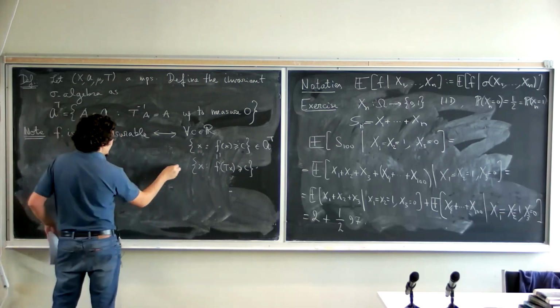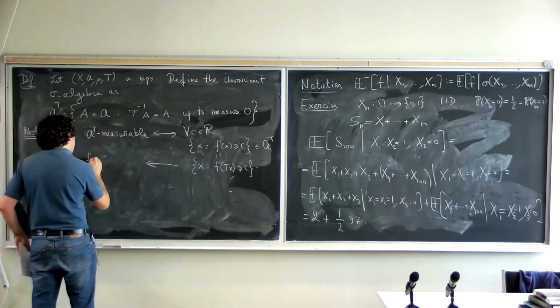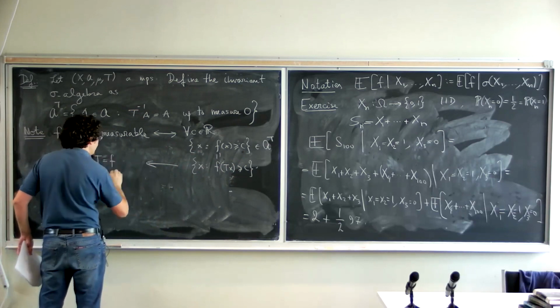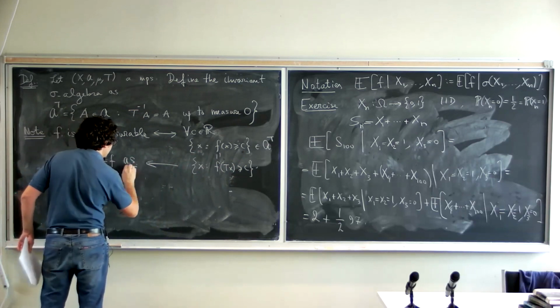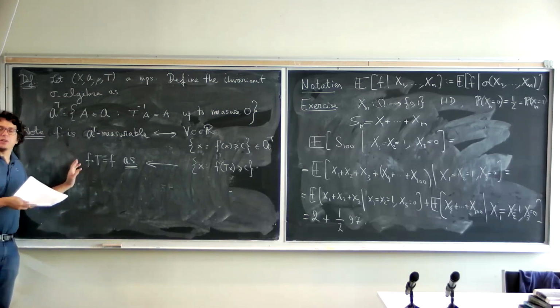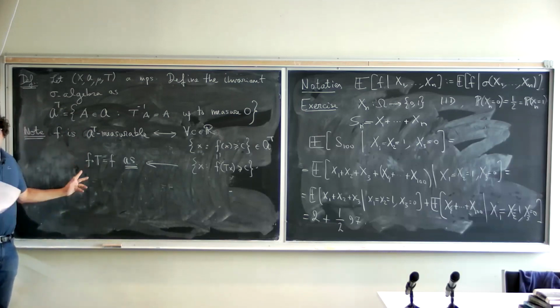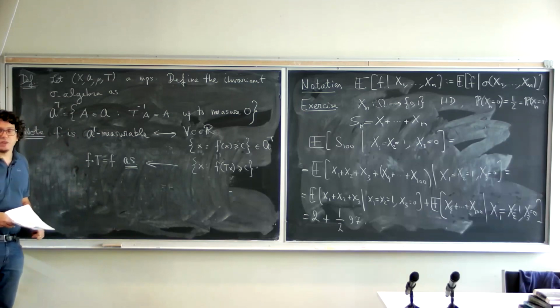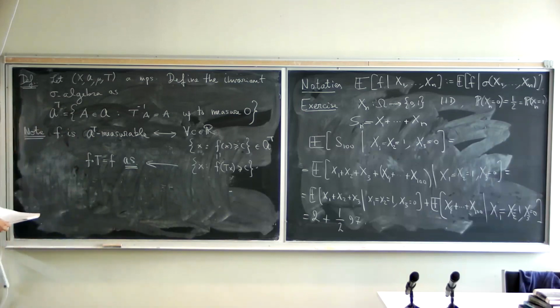So, as a corollary, this shows that f composed with T has to be equal to f almost surely. So you see, there is this notion of measurability for this sigma algebra, and this captures something very dynamic, like invariant functions. So this is kind of neat. In a dynamical context, this is a really, really important sigma algebra.